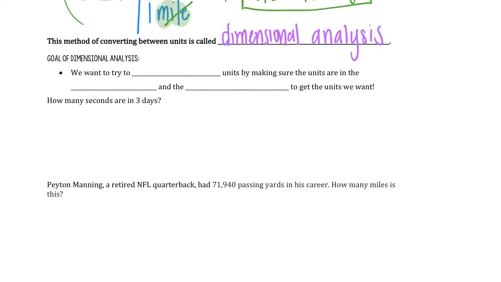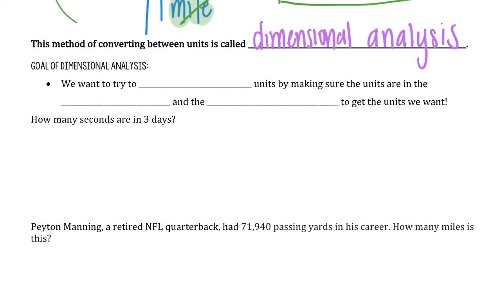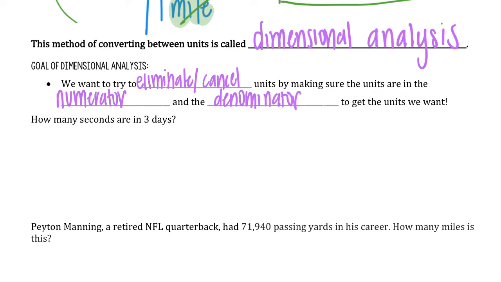The goal of dimensional analysis, we want to try to eliminate or cancel units by making sure that the units are in the numerator and the denominator to get to the units that we want. So we're going to start out with some basic examples here.